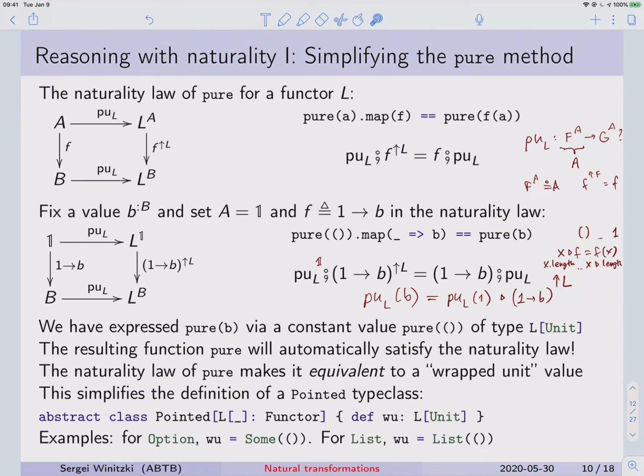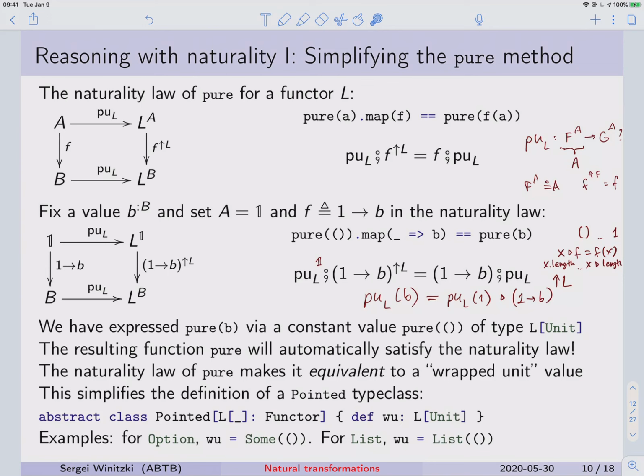Moreover, if you define pure in this way, it will automatically satisfy the naturality law. Now, I will not necessarily prove that right now, but this can be proved really easily by writing down the naturality law.